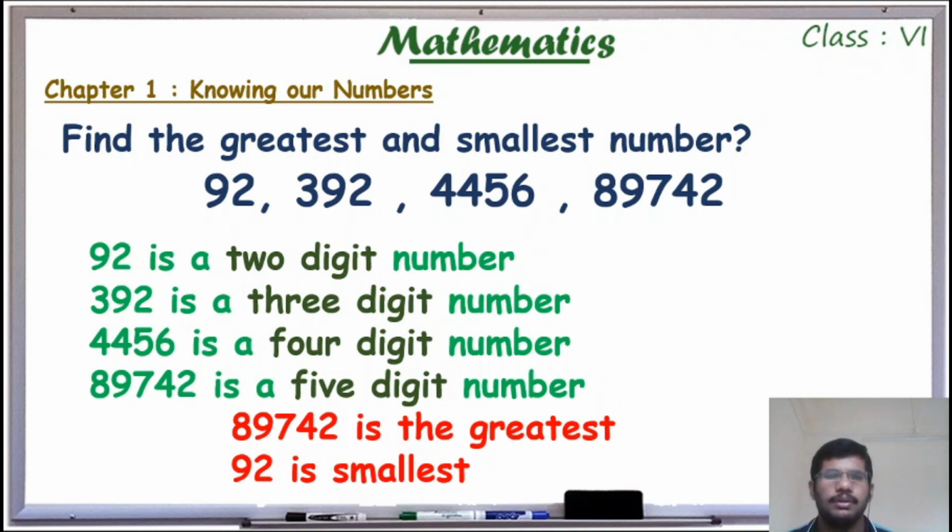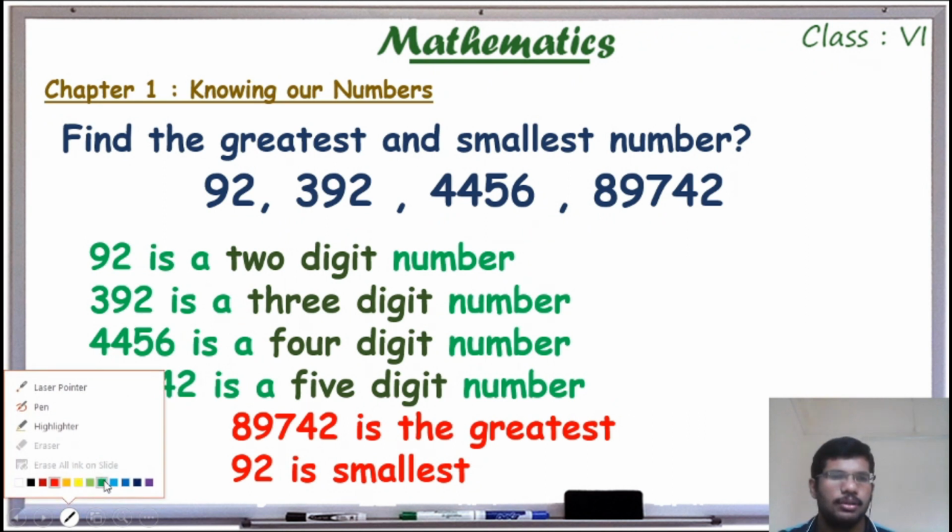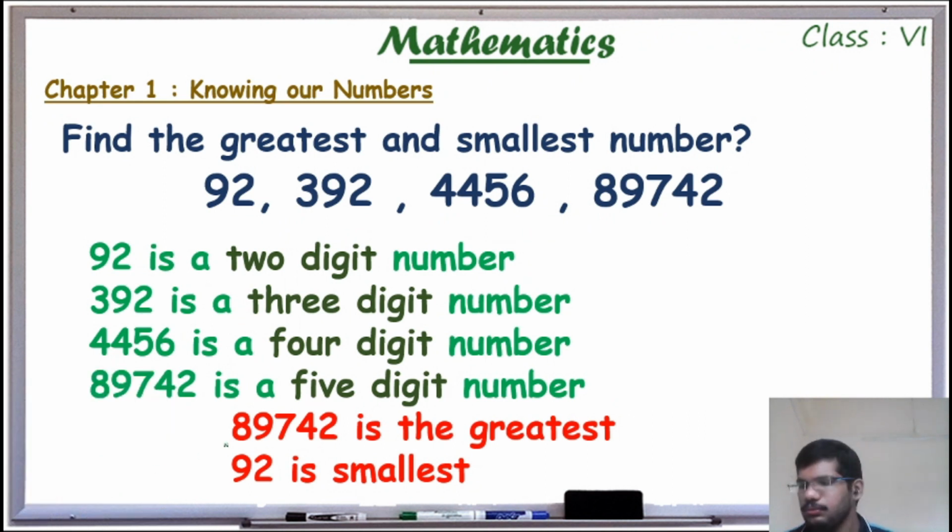So the number of digits is higher for 89,742. So we can say that 89,742 is the greatest number, and the number of digits is smaller for 92. So we can say that 92 is the smallest.